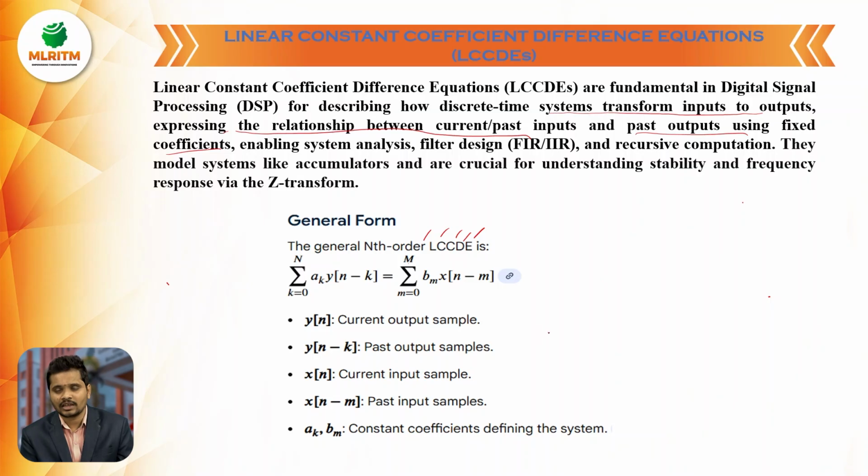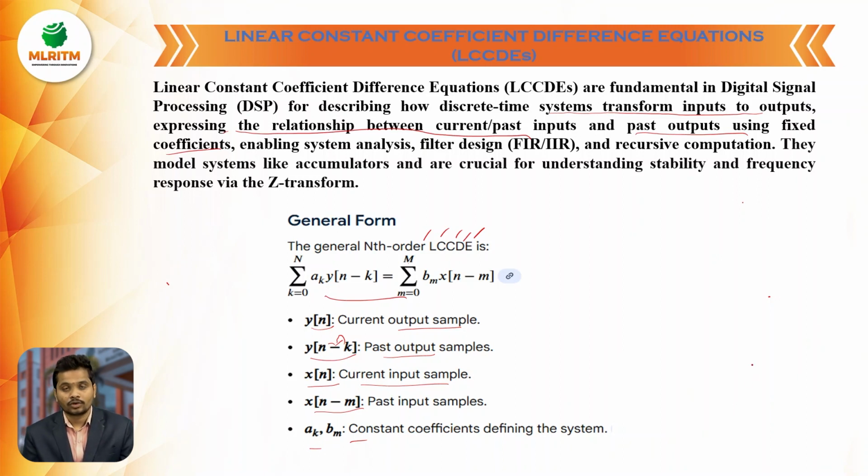You can represent any one of the types. And what is the purpose here? y of n is the current output sample value and y of n minus k is the past output sample, because it is delayed by k. x of n is the current input sample and x of n minus m is the past input signal, and a_k and b_m are the constant coefficients defining the system.